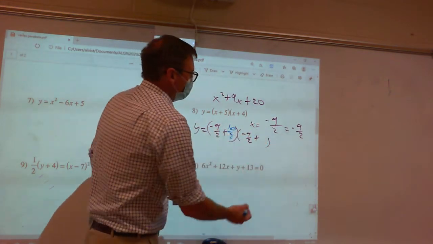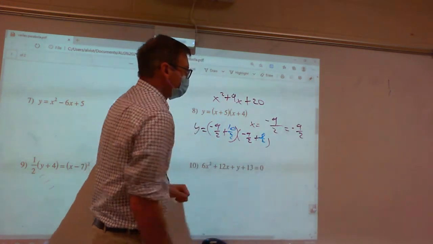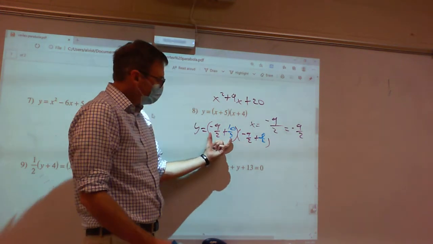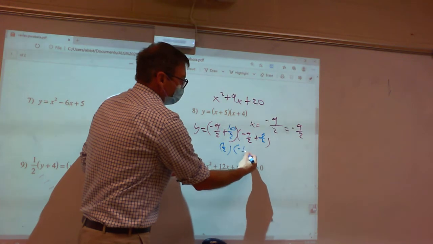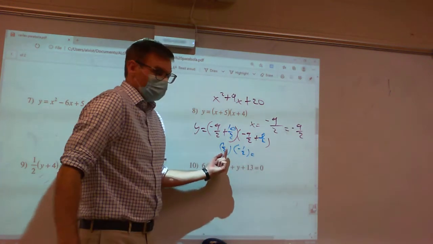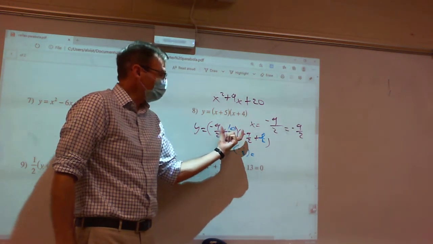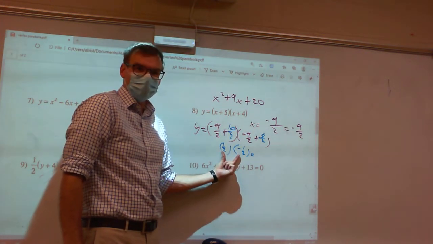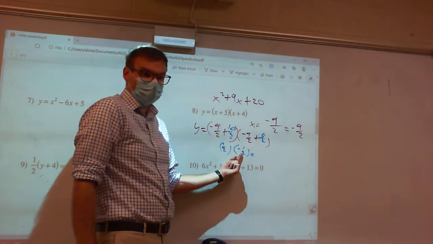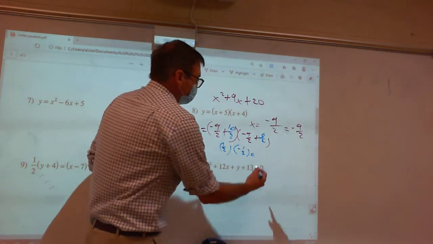If I get a common denominator, that's going to give me 8 over 2. So I end up with a positive 1/2 times a negative 1/2. And while you may not have liked dealing with fractions here, I'll guarantee you like dealing with fractions here as opposed to decimals, because 1/2 times negative 1/2 is not hard. We just end up with negative 1/4.